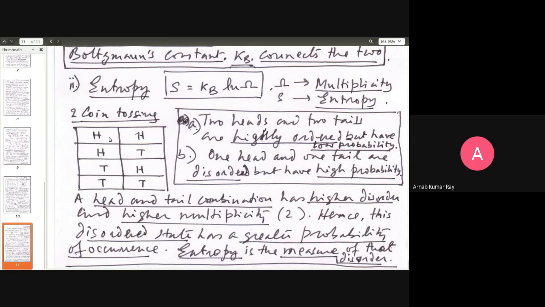You have coin A and coin B. Both coin A and coin B show head. Then coin A shows head, coin B shows tail. Coin A shows tail, coin B shows head. Both coin A and coin B show tail. These are the only 4 possible outcomes.